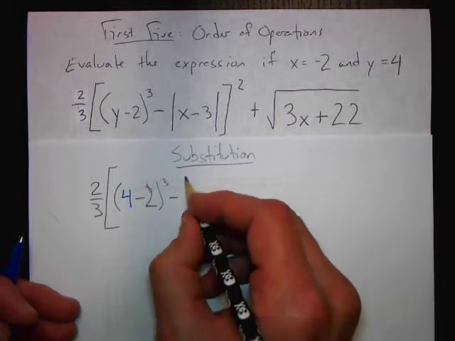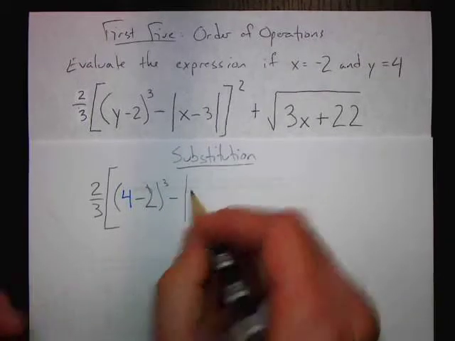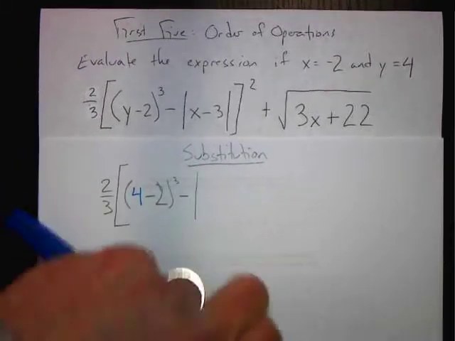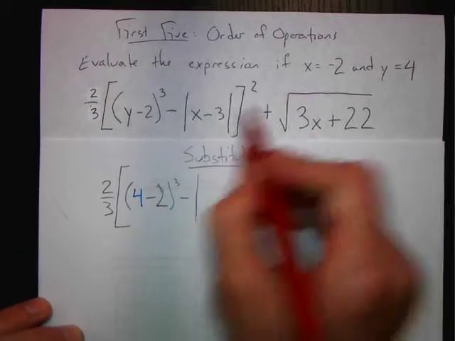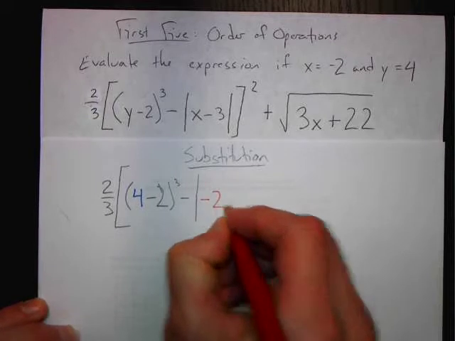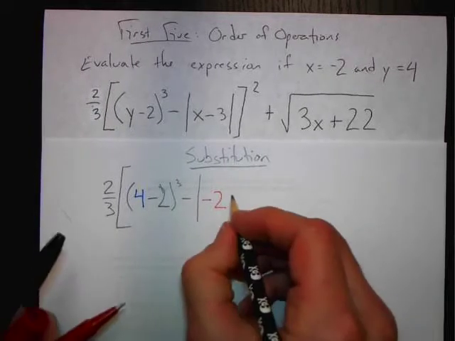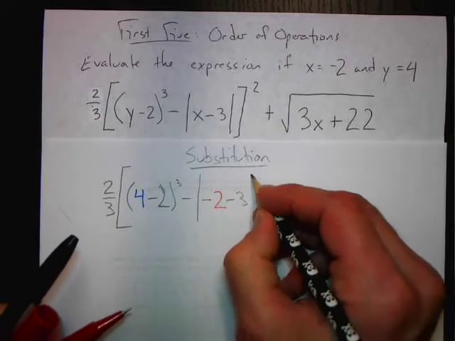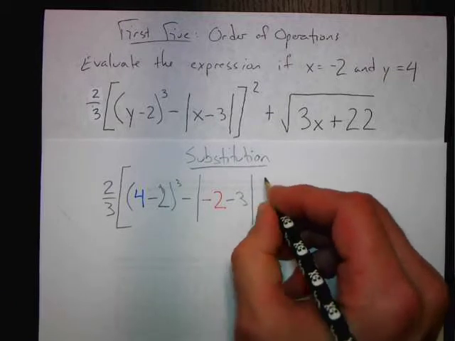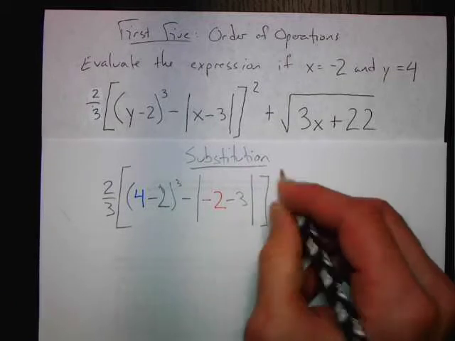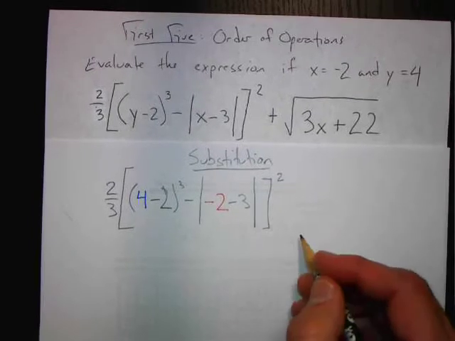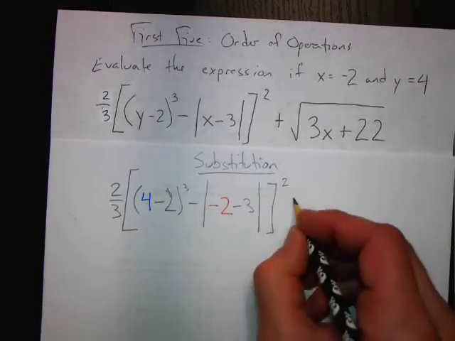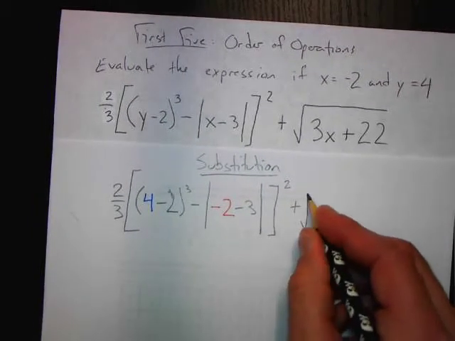Then we have this other scary looking thing that's called absolute value. And some people are afraid of that. And then the x that's here is going to change to negative 2, and everything else is going to stay the same. Closing out that absolute value, and then I'm going to close out that big scary bracket. Again, people are afraid of that, not sure why. So there's that, and then we have the plus sign, and then this square root symbol.